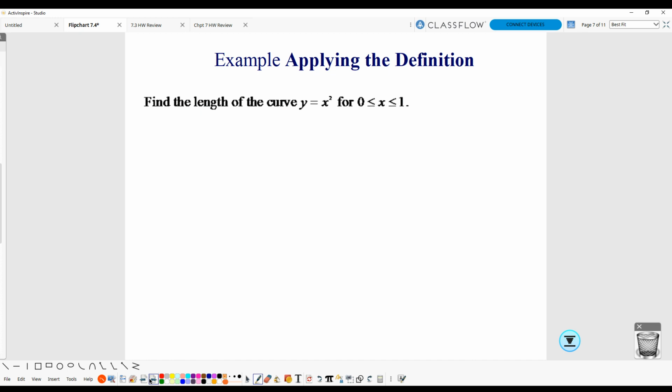Try doing that one then. Find the length of the curve, y equals x squared, from 0 to 1.